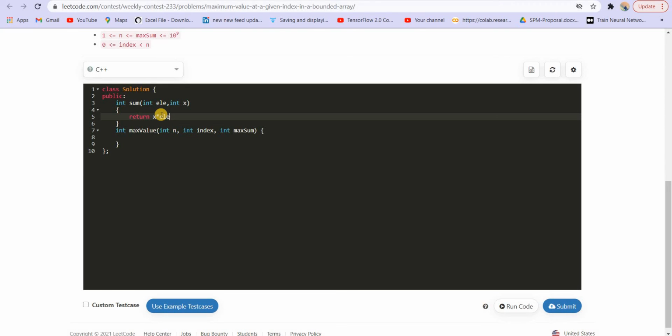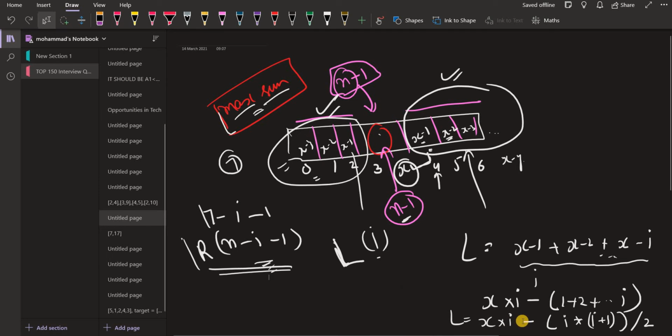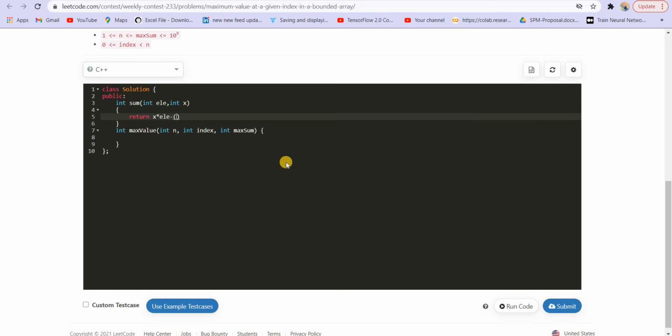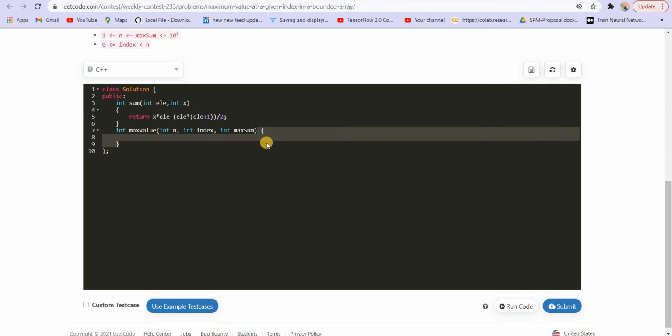So x into the number of elements minus elements into elements plus 1, this thing divided by 2. This is going to return me the total summation, and I will calculate the summation for the left hand side and for the right hand side.